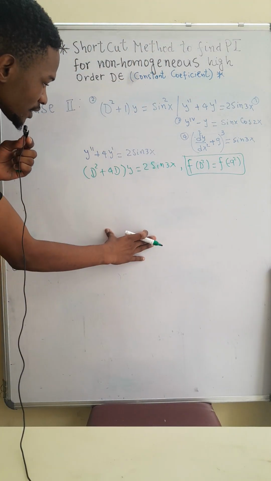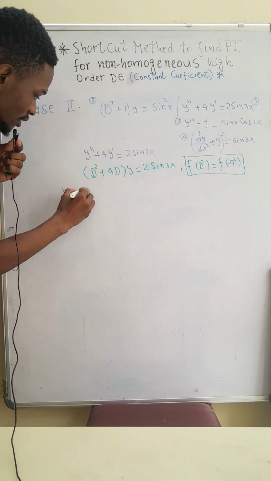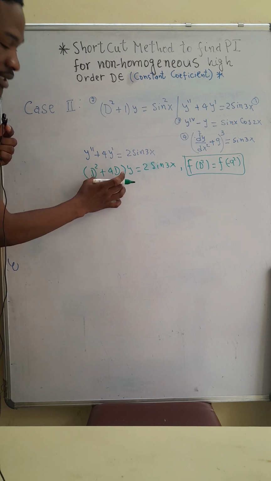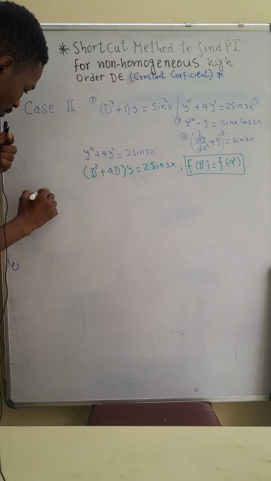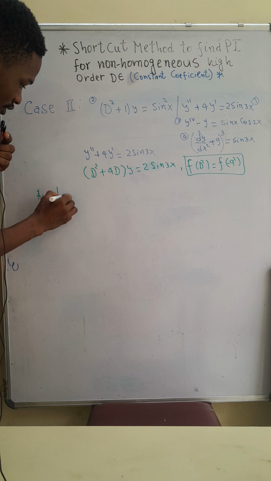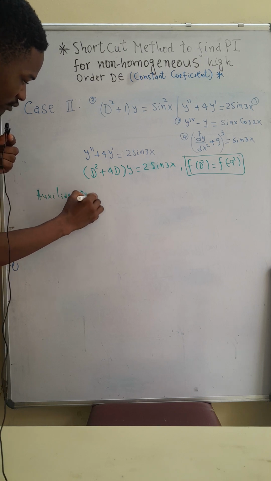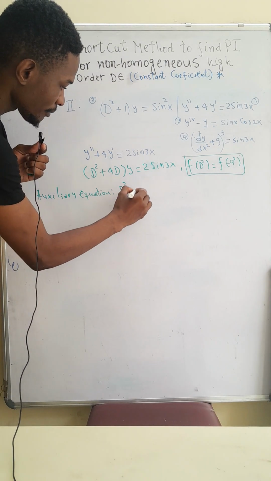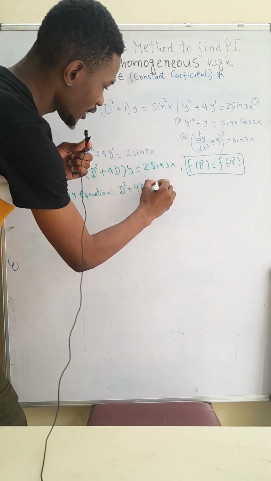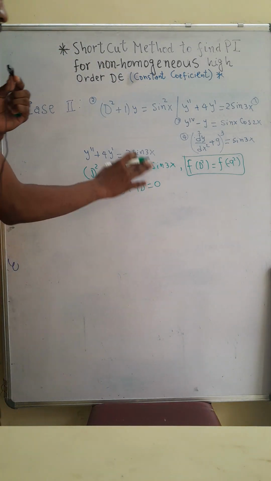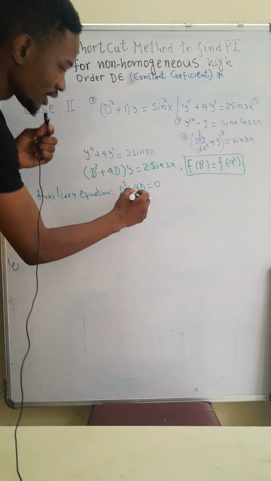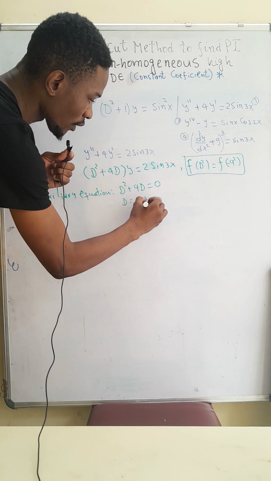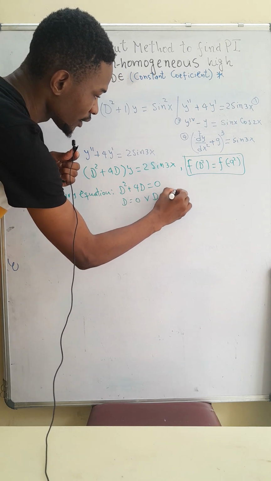Now first find your yc. Your yc will be given by the auxiliary equation. So just write your auxiliary equation: d squared plus 4d equal to 0. Then from here you can just solve this one, and you get d is equal to 0 or d is equal to minus 4.